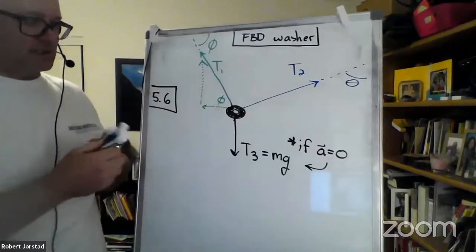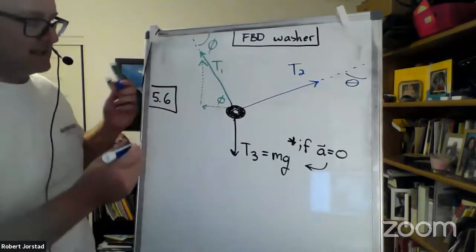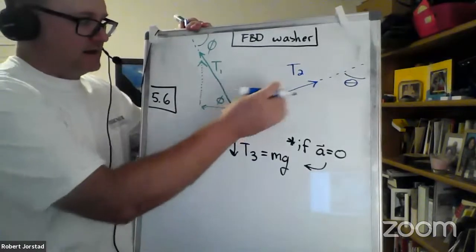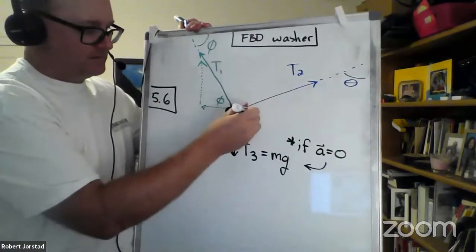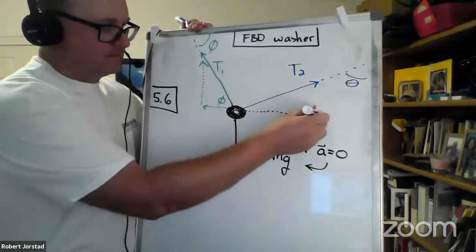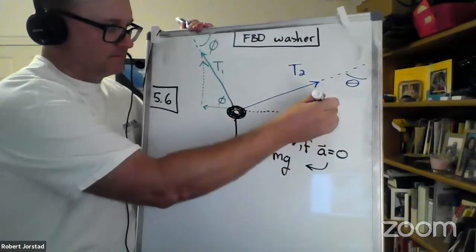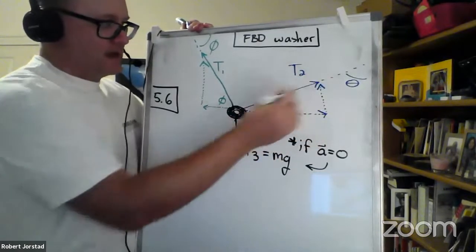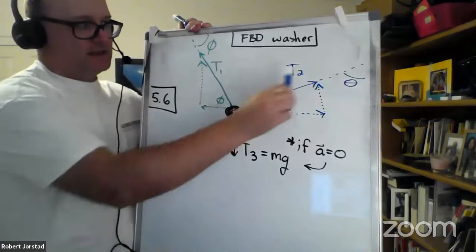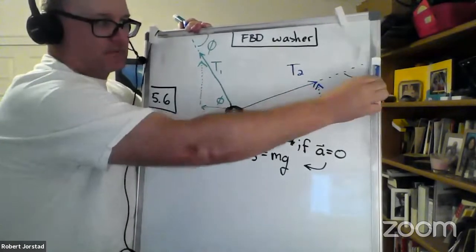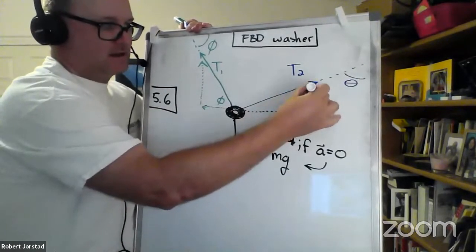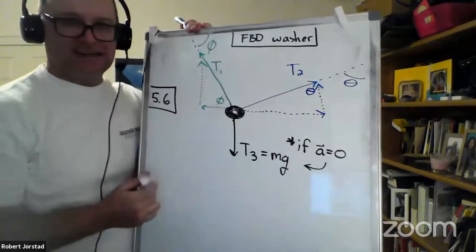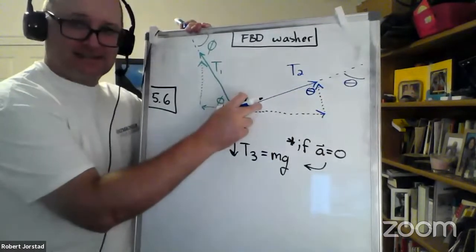Now let's do the same thing over here and see if we can analyze it. I just want to point out that this angle and this angle are parallel. So this would be theta, not that.